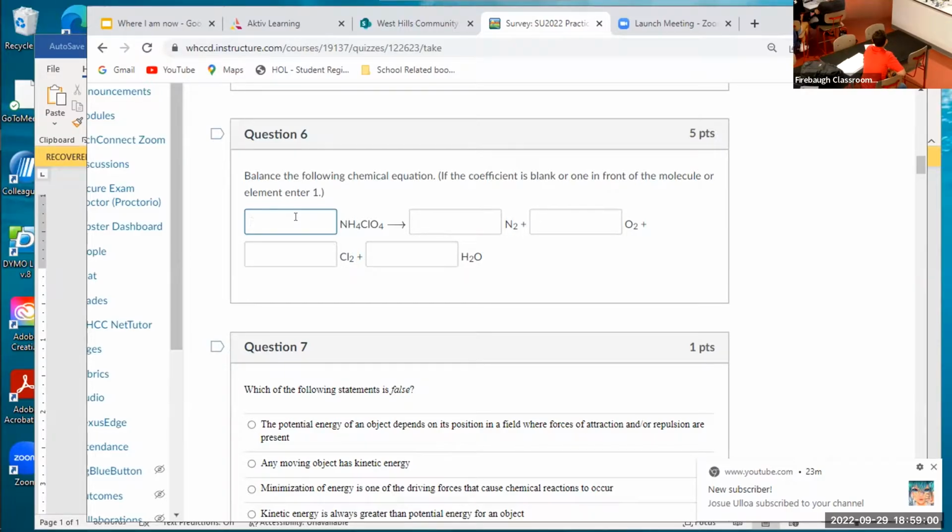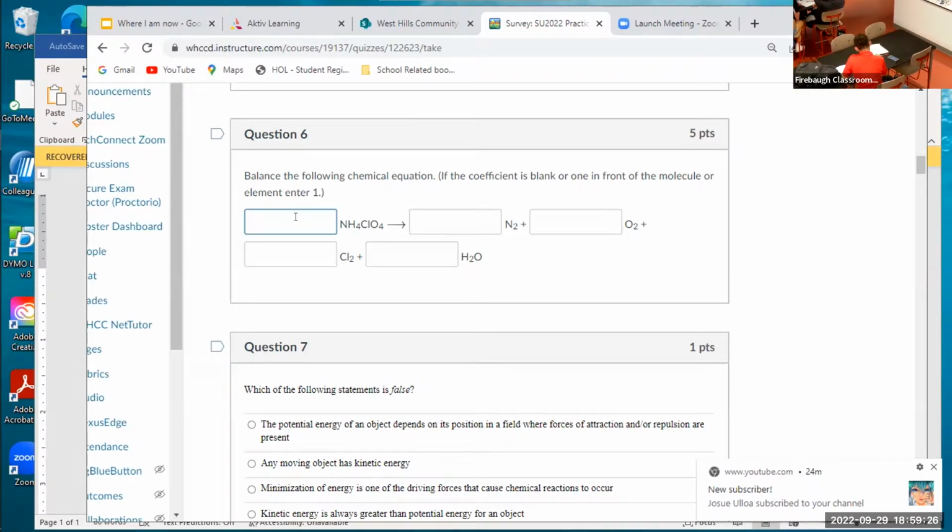Then put a 4 in front of the chlorine. Yeah. Oh, yeah, so chlorine is good. Put a 4. Okay, so we put a 4 in front of the H2O, so that would be 8.